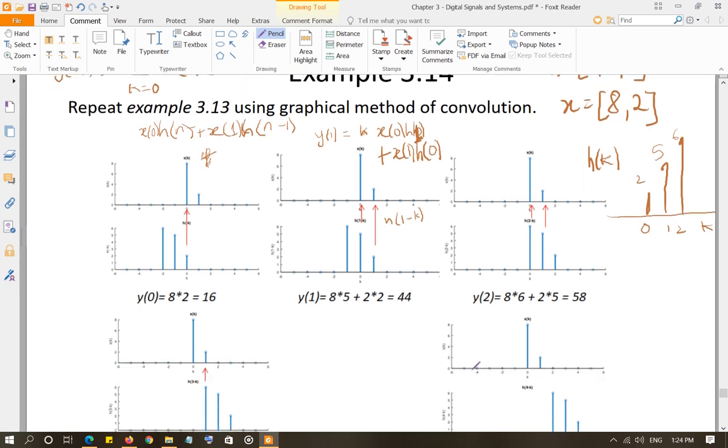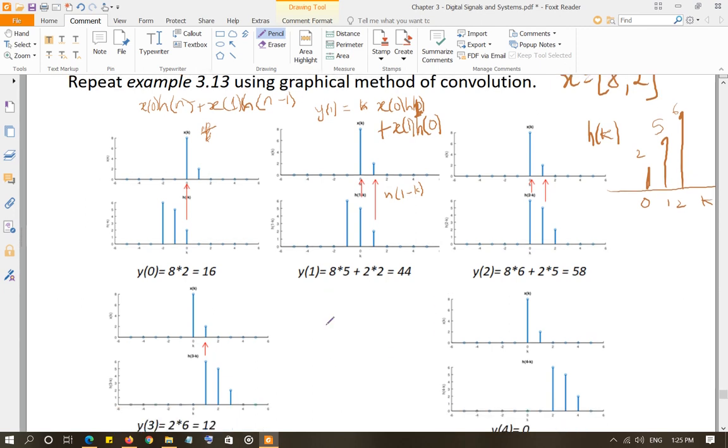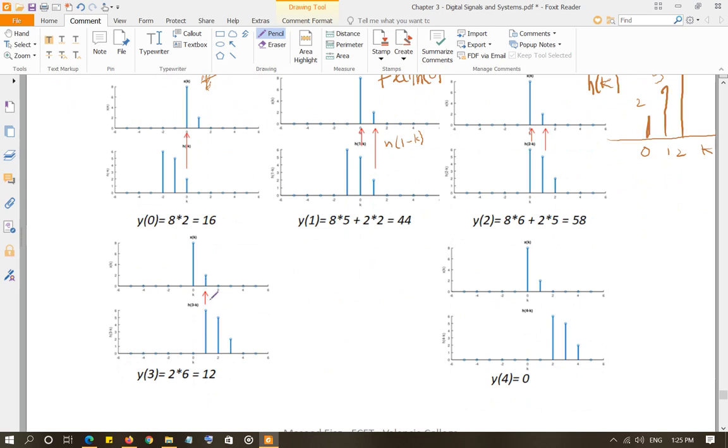Then you shifted it 3 times here, and the only component that is aligned is x of 1 h of 2. So you multiply these together, and then you shift h of negative k one more time, that is, you're shifting it 4 times. So now, as you can see, no component is aligned, hence y of 4 will be 0.